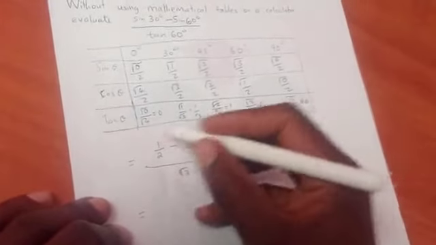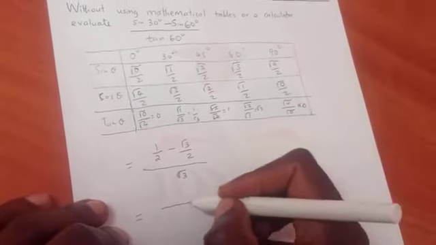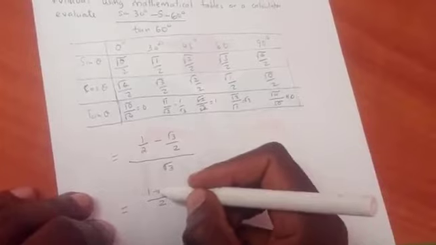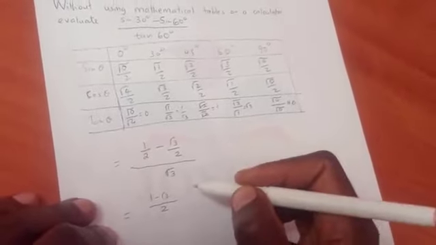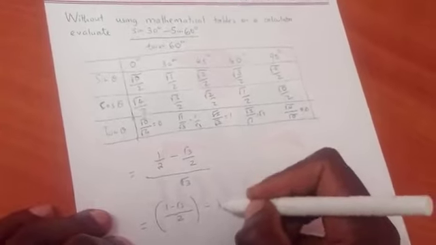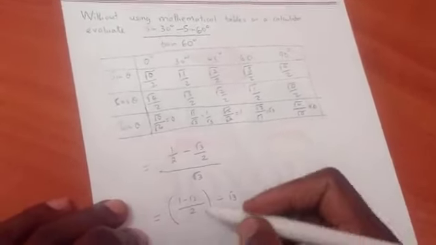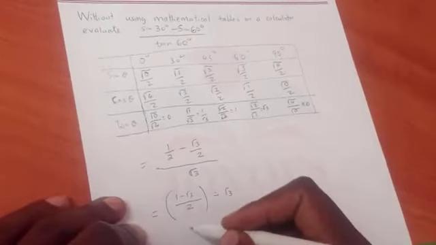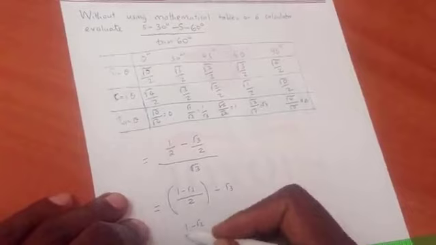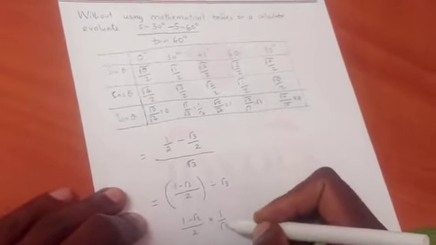When you have the numerator here, we have the common denominator as 2. So the LCM is 2, 2 and 2. So it shall say 1 minus root 3, of course all being divided by root 3. Simplifying this, we shall have (1 minus root 3) over 2 times 1 over root 3.